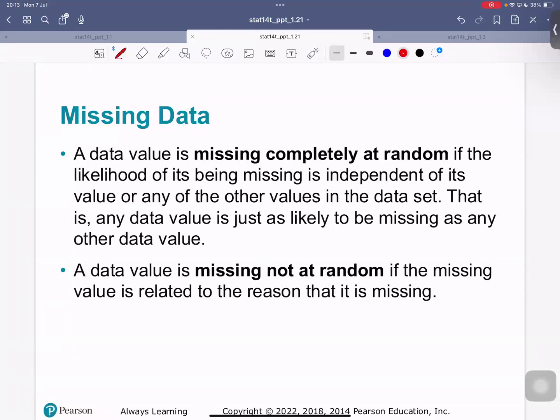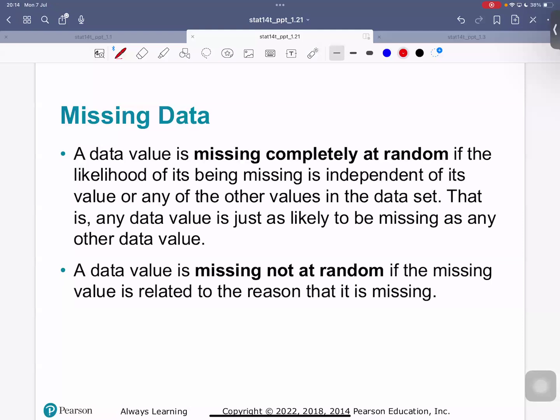The example is that you are collecting data on monthly income, and some people choose not to respond to that question.